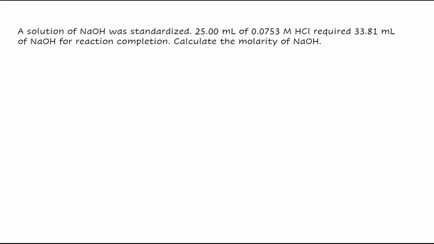So in this example, we know the information about the acid, and so we can calculate the moles of this reactant. The second step will be to relate the moles of HCl that we just calculated to the moles of NaOH.